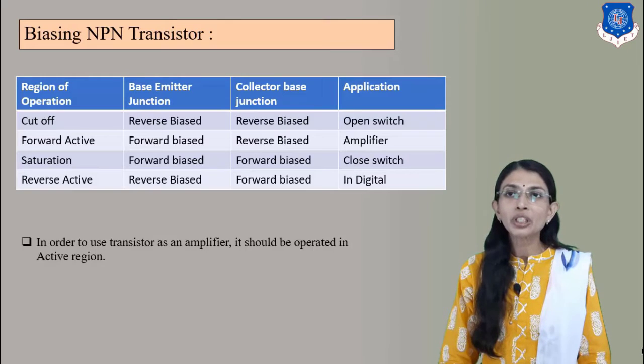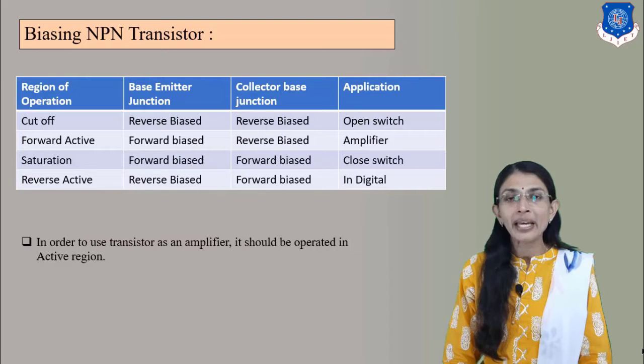So we will start with the biasing conditions of any BJT NPN transistor. We all know there are two junctions, one base emitter junction and another that is collector base junction. That means BJT will have two junctions, J1 and J2.